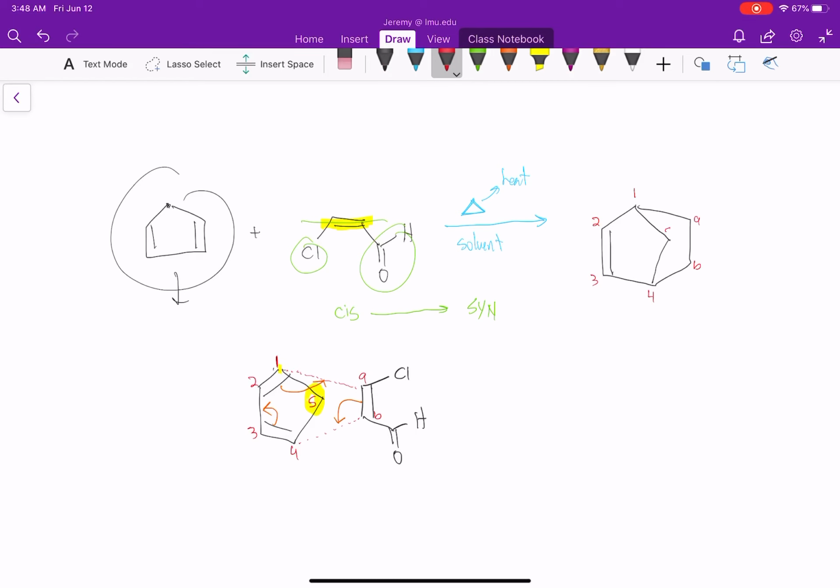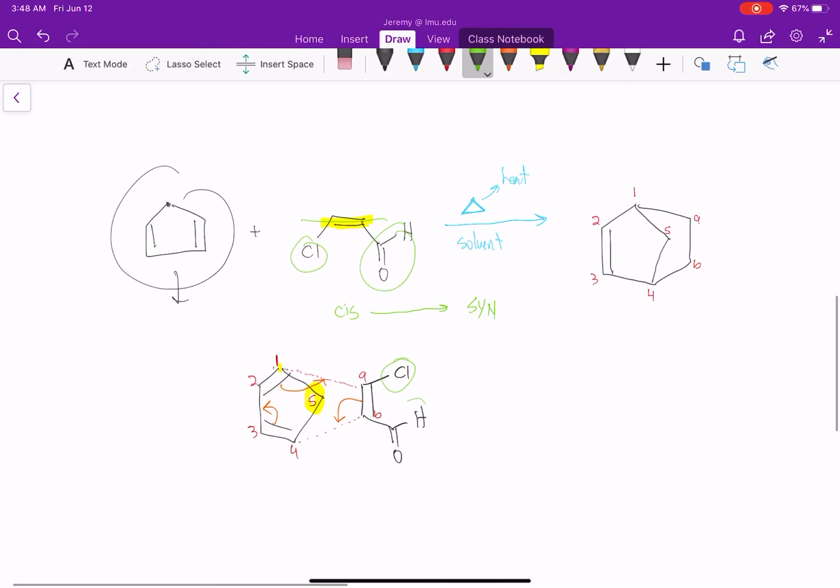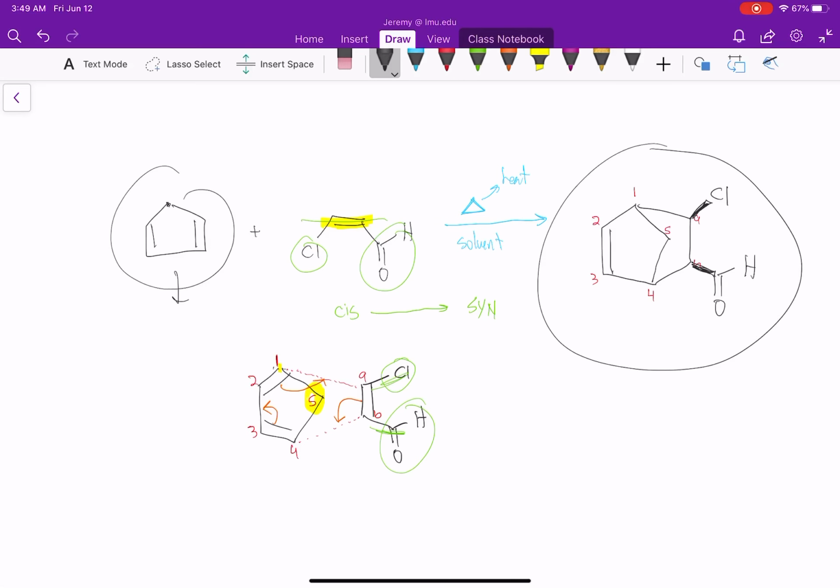I just draw that right in the molecule. A was attached to a chlorine, B was attached to an aldehyde. These were on the same side, cis, which means they have to be syn. I've got to draw these as both dashes or both wedges. A is connected to a chlorine, B is connected to an aldehyde, and this is the product that we form.